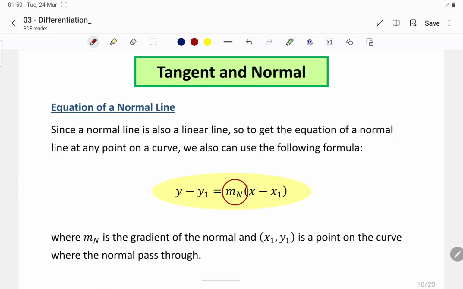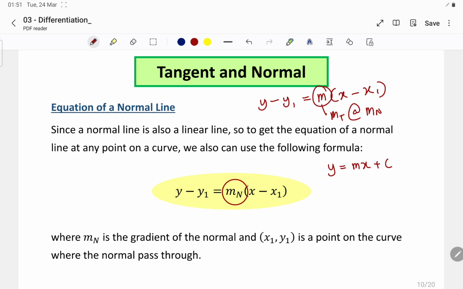So from here you can see the important thing you have to understand is this form of formula for equation of tangent and normal, where you have to remember this formula and then replace m with mt or mn. When they ask you to find the equation of normal, after you substitute all the values, at the end you must form this equation, y equal to mx plus c. So you have to expand properly.